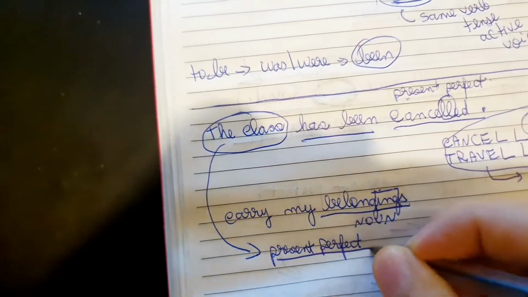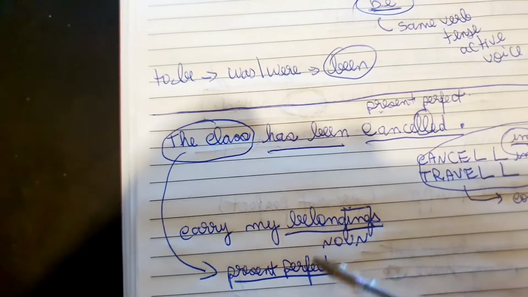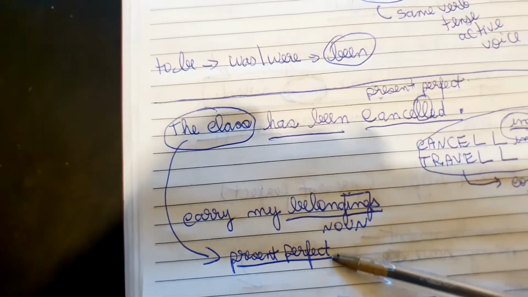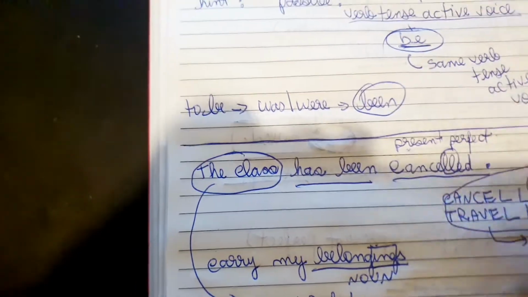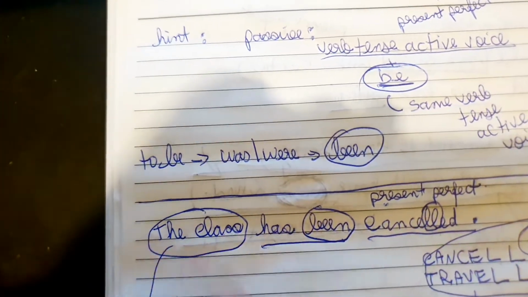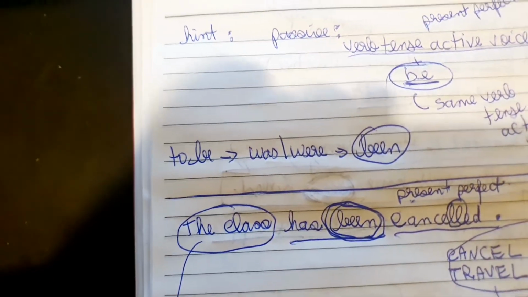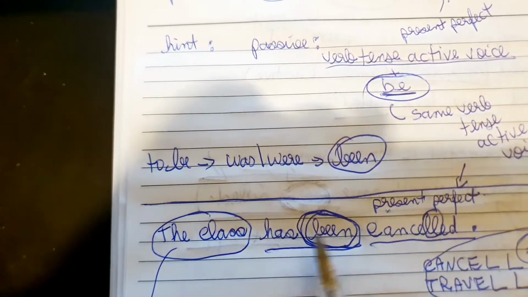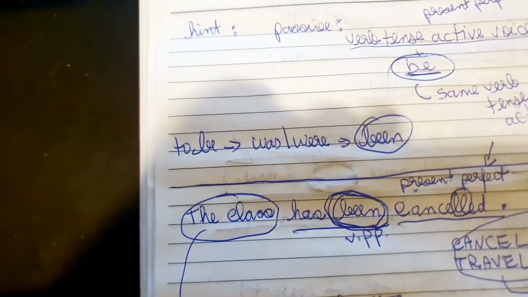So it's a hint that I gave in the last video, that the verb tense that comes in the passive voice comes in the active voice. So what's the difference? The active voice doesn't carry the verb to be. The passive voice always has the verb to be. In this case, as it is in the present perfect, the verb to be has to be also in the past participle.